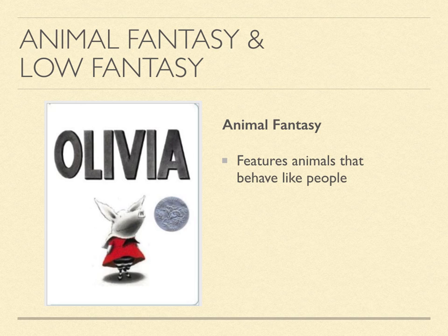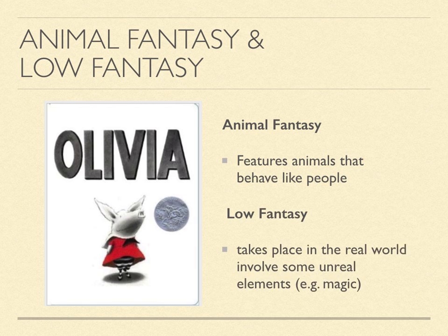But that can't actually happen in real life. So it can be considered realistic fiction even if it's written in a realistic way. Low fantasy takes place in the real world, and it might involve a few magical elements, but it's not the predominant part or predominant focus of the story.